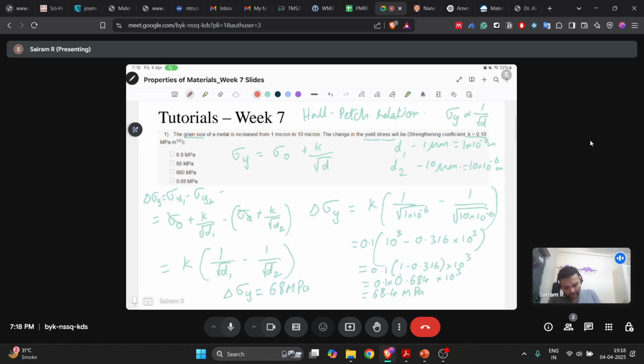So we have arrived at the final value to be around 68 MPa. Do we have an option of 68 MPa? Yes, that is the second option. I can see that this color is not very bright on the screen, so I will stick with this color probably.